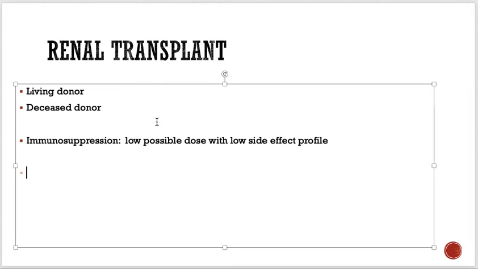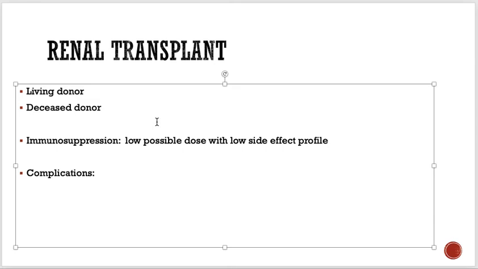Simply, we have to suppress the patient's immunity as much as we can, because if we don't, the transplanted kidney can be rejected as a foreign body. That's the reason. There are many complications of this as well.